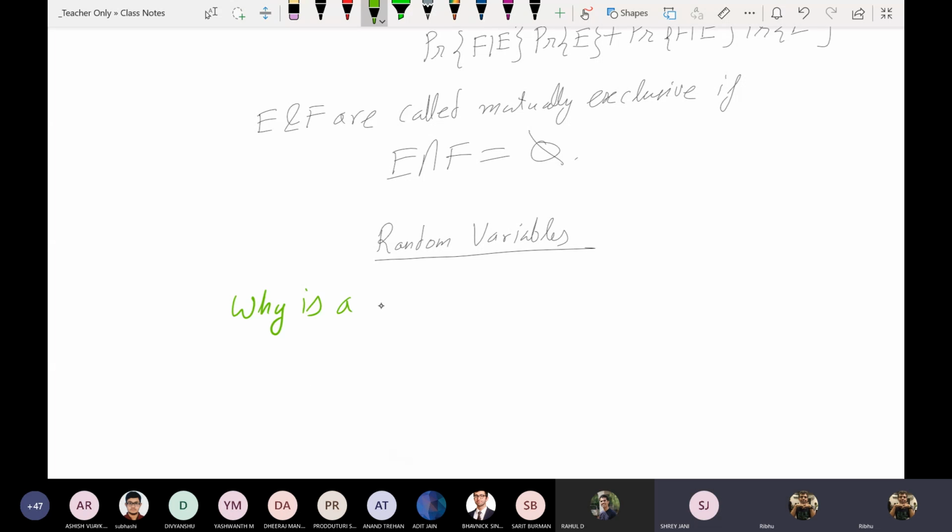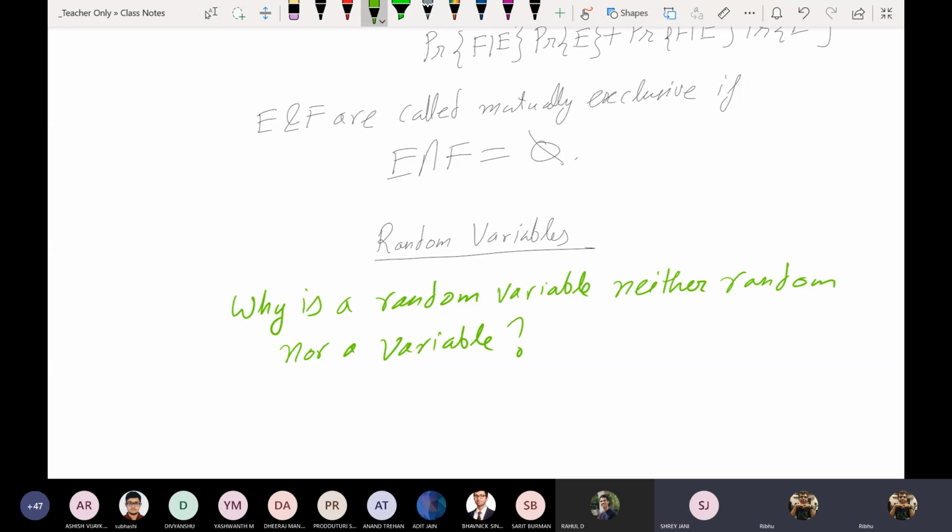Why is a random variable neither random nor a variable? I'll tell you this, that a random variable is neither random nor is it a variable. Now you can try to answer this.